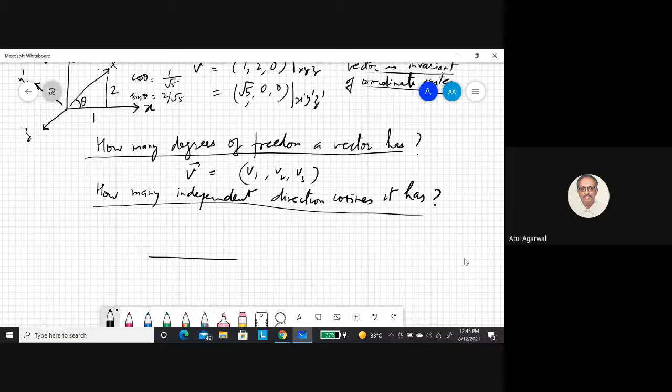Suppose you have a vector v. So direction cosine means, what does direction cosine mean? Basically, you have to find the unit vector. So this is a unit vector. Direction cosine means components of this unit vector.